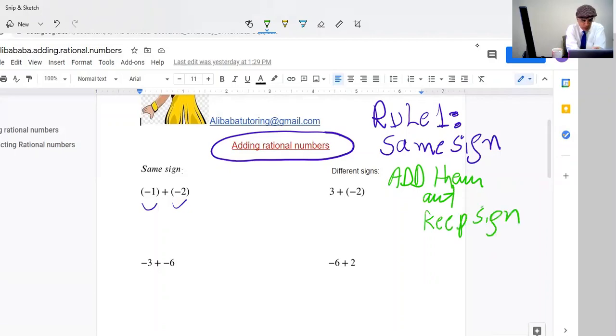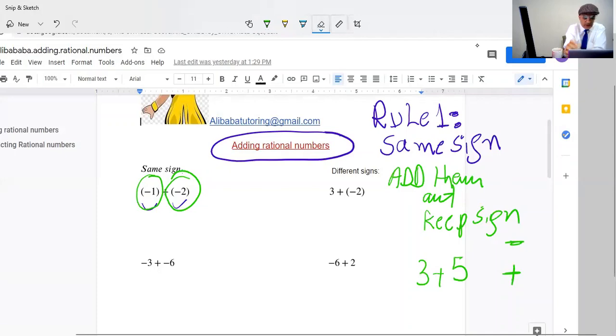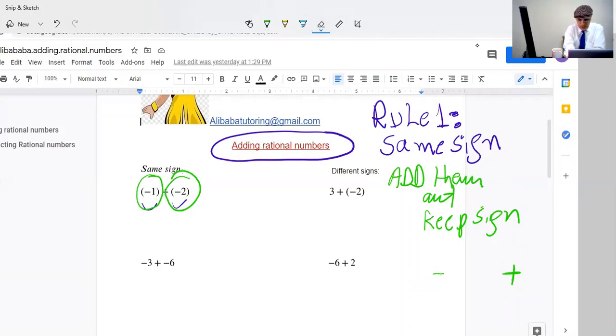Well, if they were both negative numbers, like in this case here, and I add them, I'm going to keep the negative sign. If they are both positive numbers, like the example I just showed, 3 and 5 are both positive, when I add them, I'm going to keep the positive sign. So rule one says, when adding numbers with the same sign, easy, forget about the sign and just add them, and keep the sign.